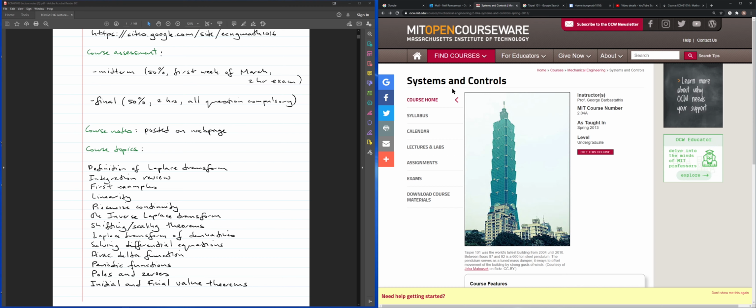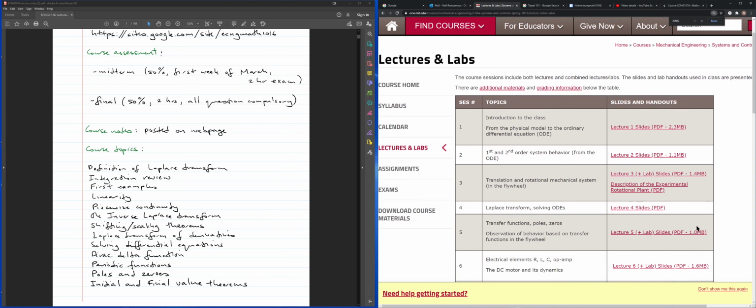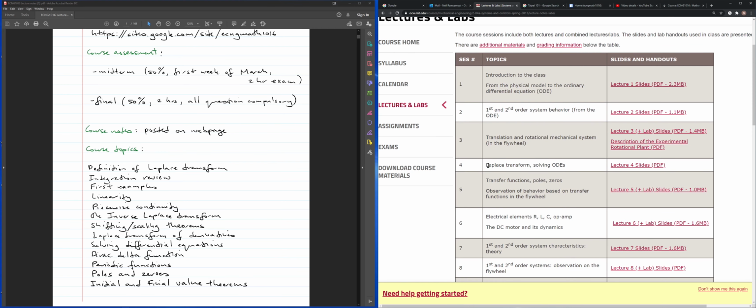If, for example, you take a look at this web page for this MIT course on controls, you want to notice that the lectures start with differential equations, and then they get into Laplace transforms and use them to solve the differential equations. That is in fact our main application of Laplace transforms in this class.